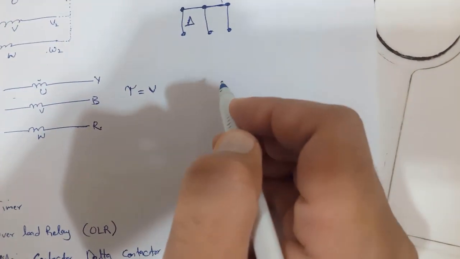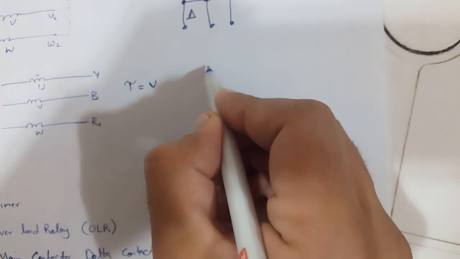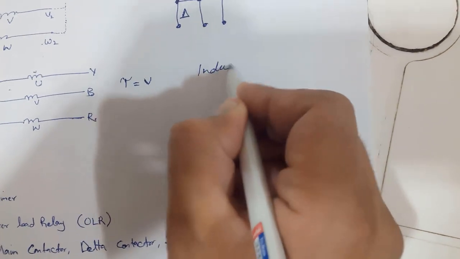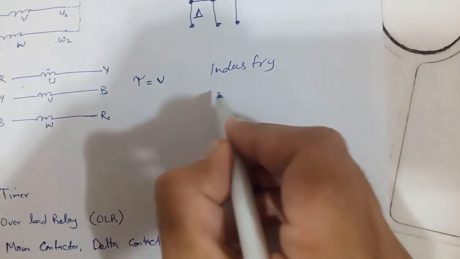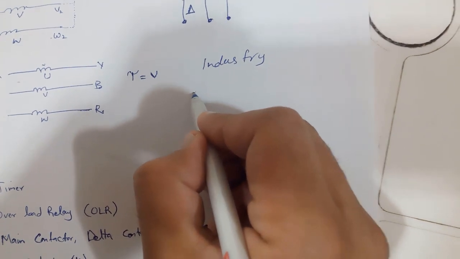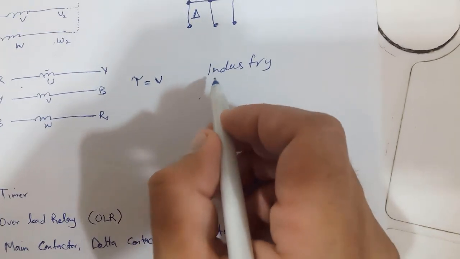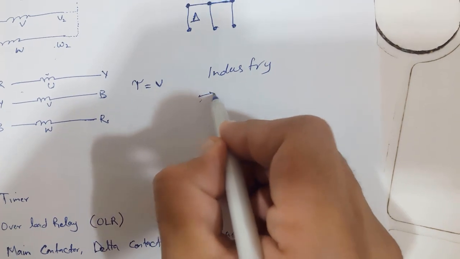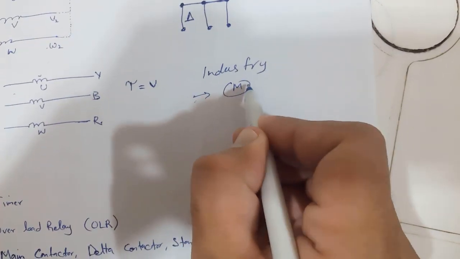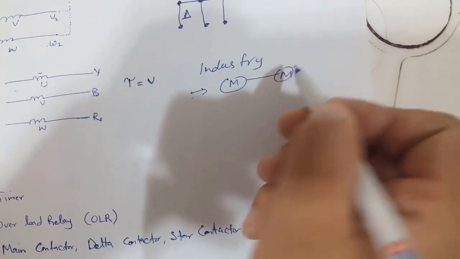The main purpose of using star delta is to avoid inrush current, because in industry we have too many appliances installed on one line, too many motors.